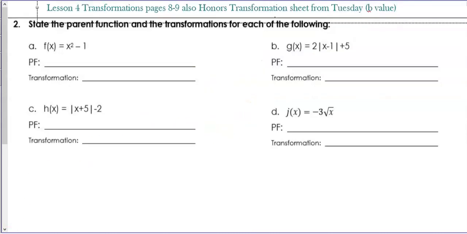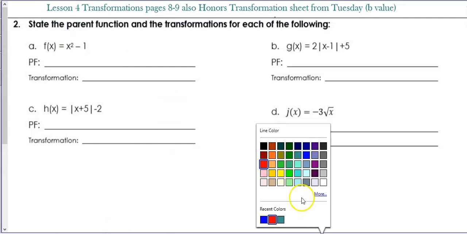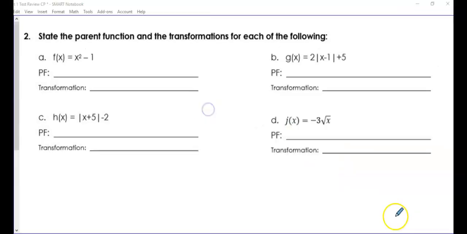So next section, number 2, state the parent function and the transformations for each of the following. So this first function is a quadratic, which means that the parent function is y equals x squared.